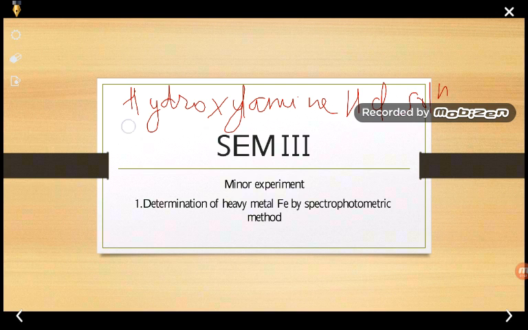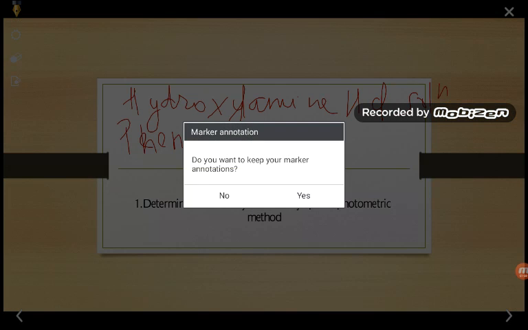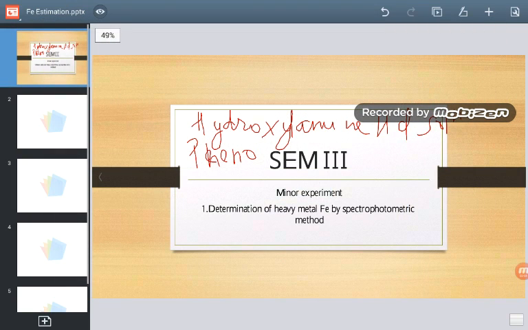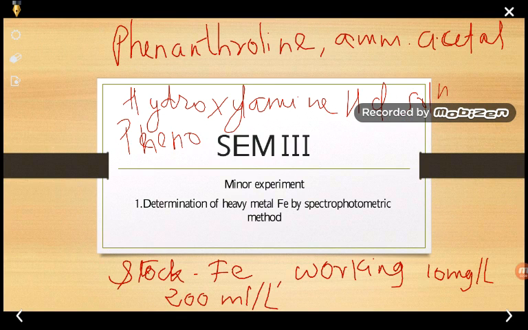Next is the phenolphthalein, phenanthroline. Next chemical, ammonium acetate, we use this chemical as a buffer.